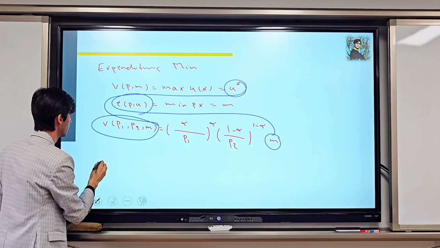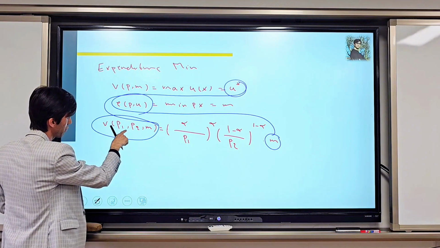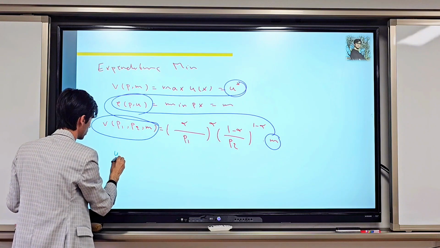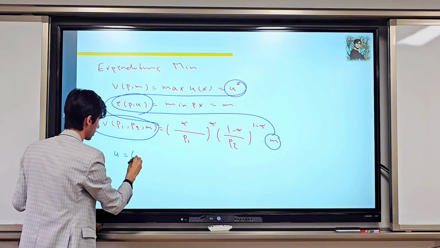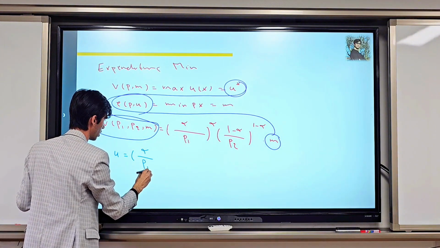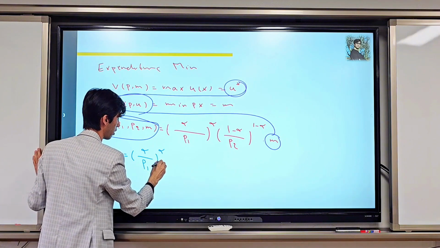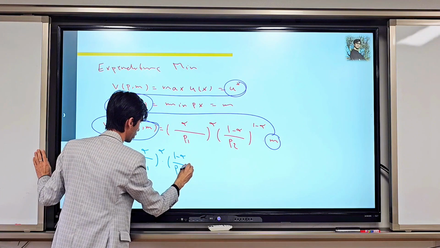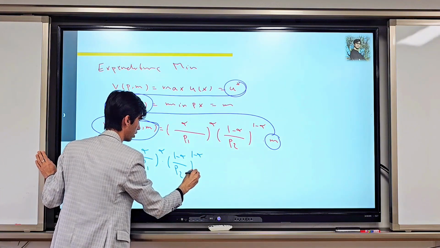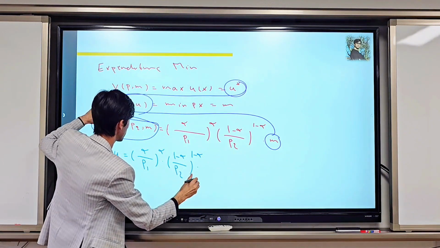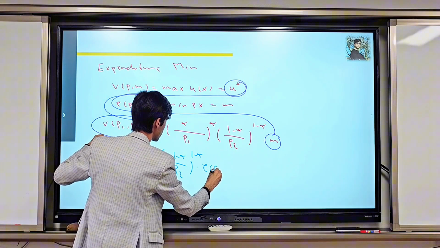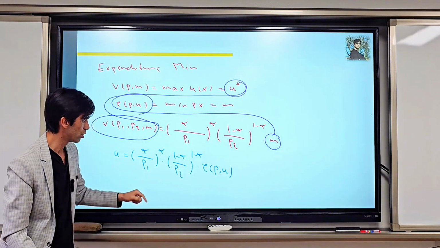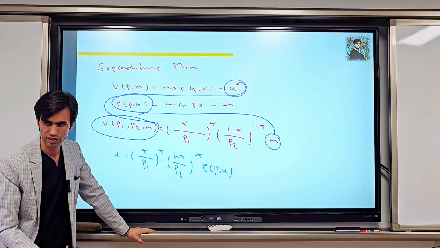Then we will have this: instead of V of P1, P2, M, just simply write down U. Then alpha over P1 to the power of alpha, multiplied by 1 minus alpha over P2 to the power of 1 minus alpha, and instead of M, write down E of P and U. This E of P and U is your expenditure function.